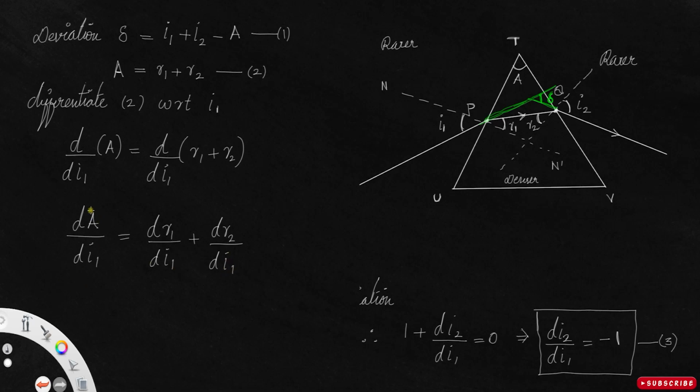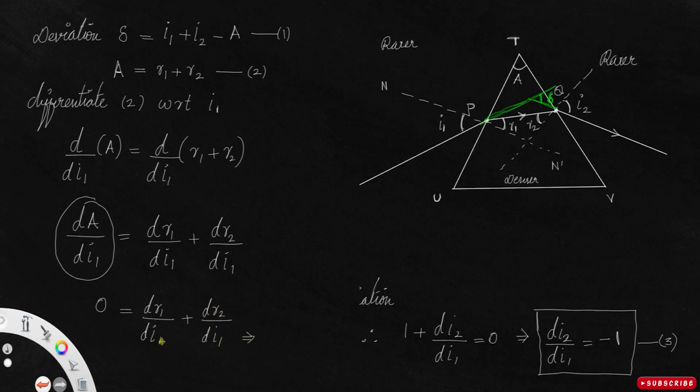Clear? But this angle of prism doesn't change. So this will become 0. The derivative of a constant is 0. So 0 is equal to dR1 by di1 plus dR2 divided by di1.